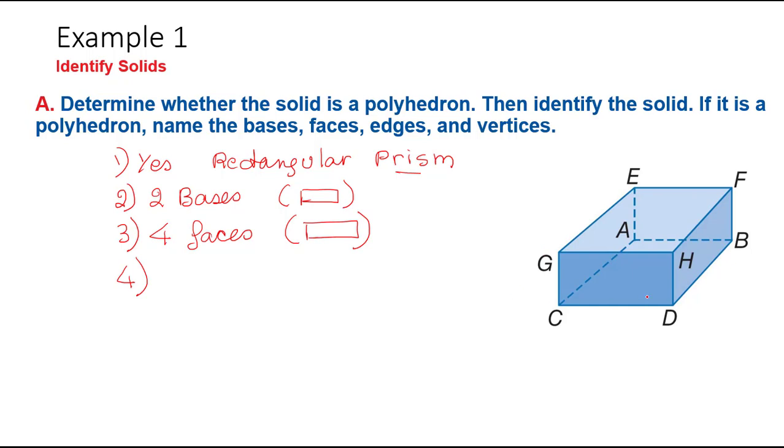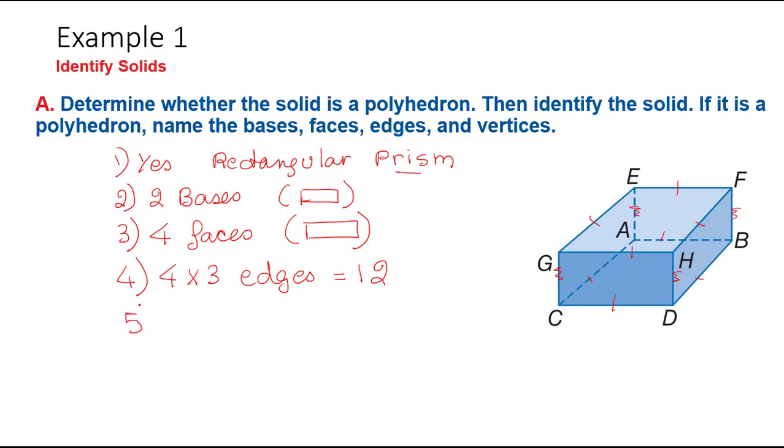Since I have 4 sides in the base, I have 4 like them on the top and 4 surrounding. I have 4 by 3 edges, which are 12. Okay, if you want to count them, 1, 2, 3, 4, 5, 6, 7, 8, and 9, 10, 11, 12. So this is an easy way to find them.